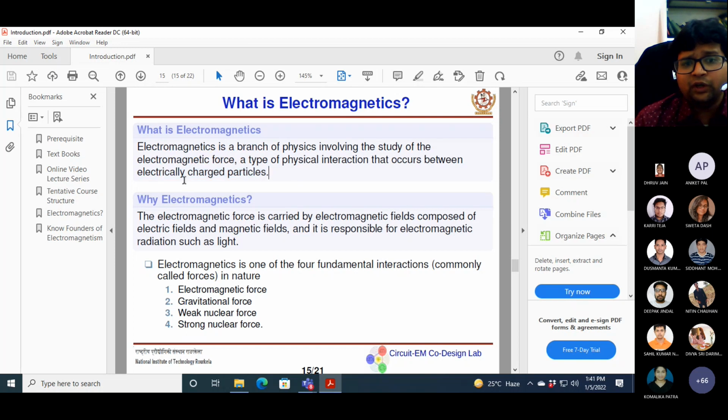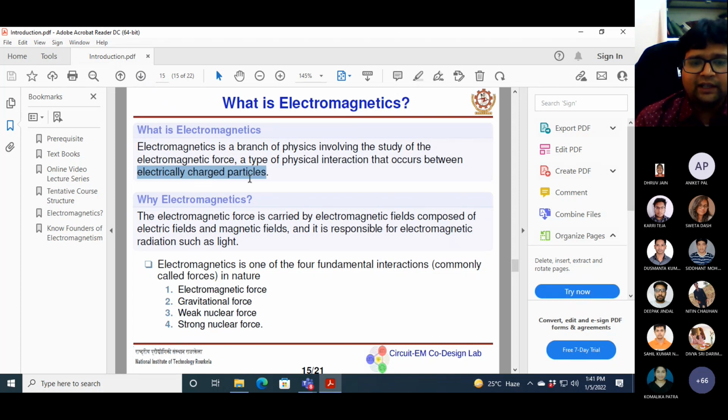Here I am talking only about electric charged particles, not magnetics. Electric charged particles produce an electric field. But why the term electromagnetics? Because it is related to both electricity and magnetism.